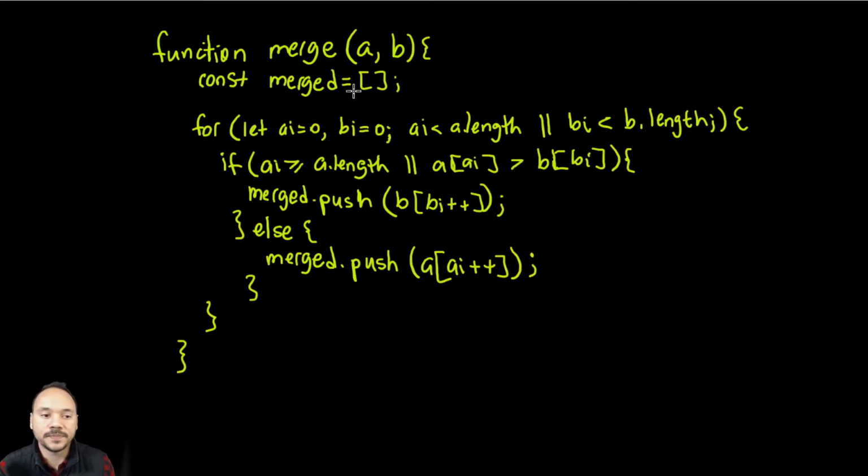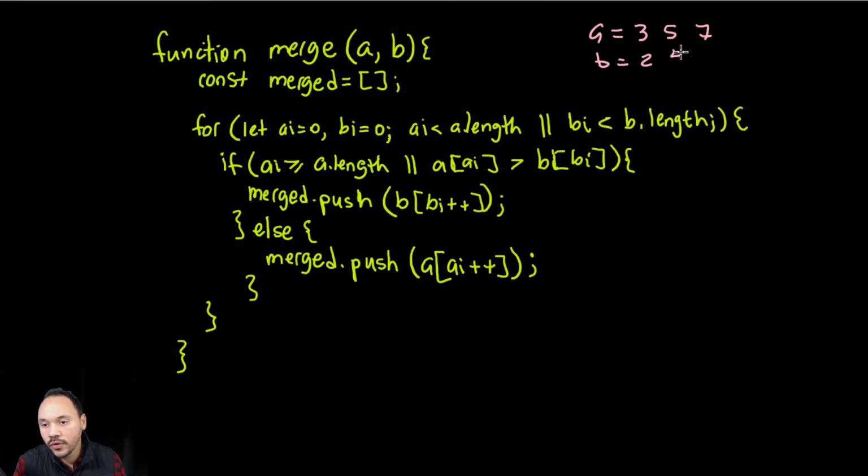So what do we have here? We initialize, so we have the two arrays A and B. We start AI and BI, meaning the indexes on these arrays. To give a better visual, let's do an example. Let's say A is equal to 3, 5, 7, and let's say B is equal to 2 and 4.